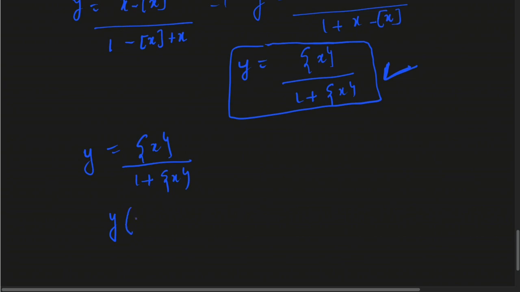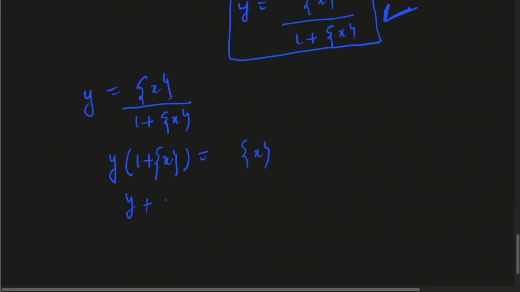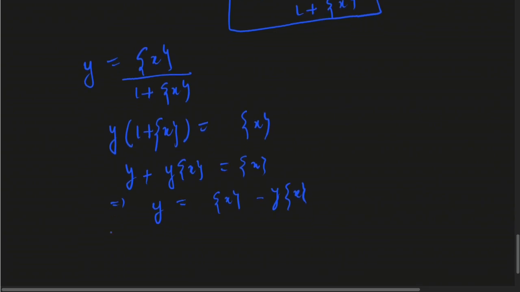We will cross multiply: y into this equals this. This gives us y plus y times the fractional part of x equals the fractional part of x. This gives us y equals the fractional part of x minus y into the fractional part of x. This gives us y equals the fractional part of x times (1 minus y).